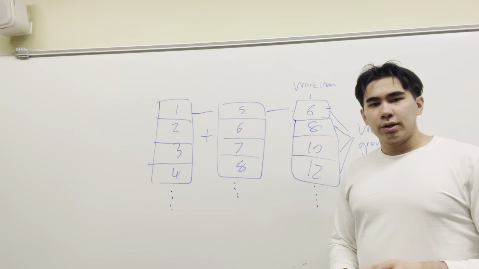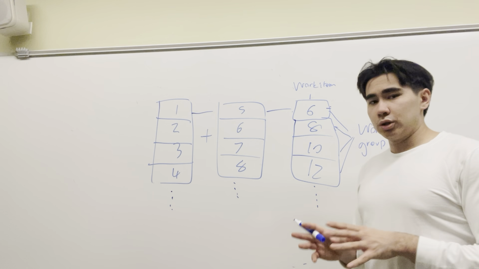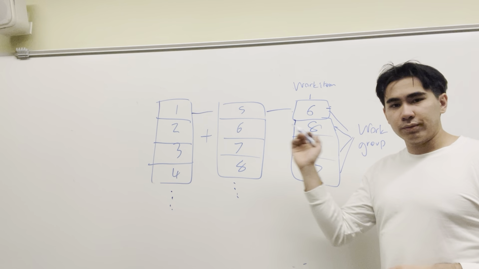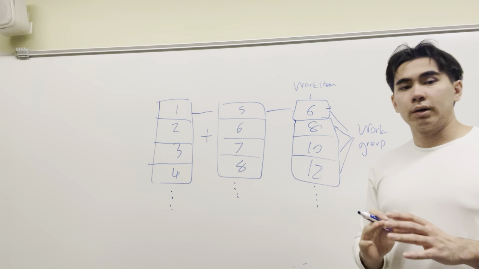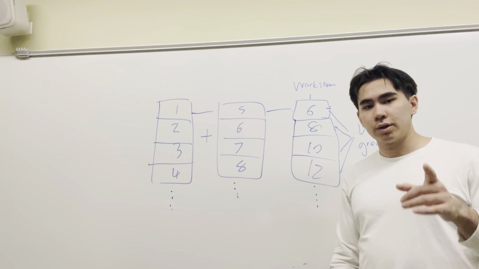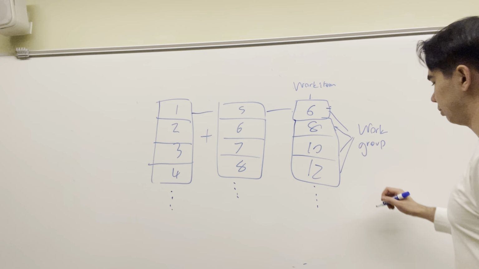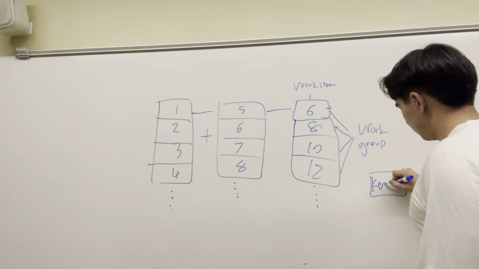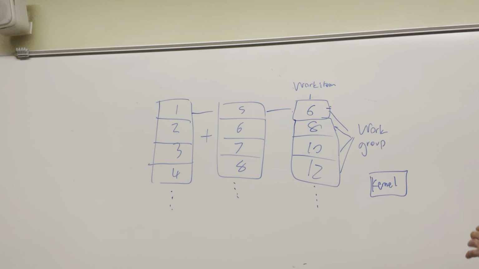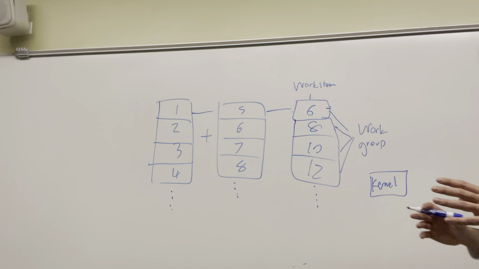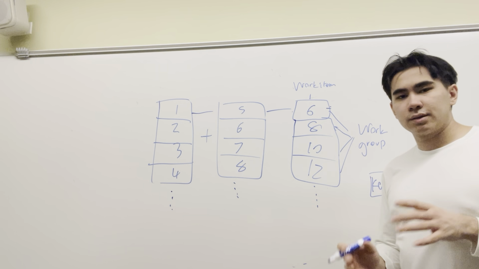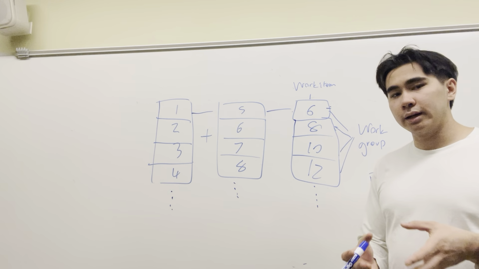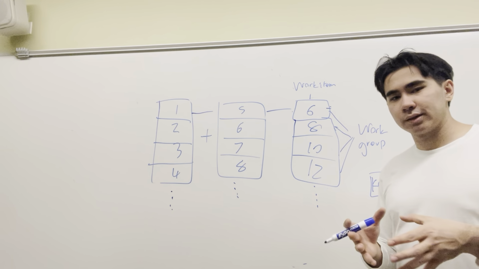These execute on a single compute unit, and these dimensions are going to have to be fixed when we launch the kernel, which is the next part of this. The kernel is a function which tells us how each work item is going to be executed.